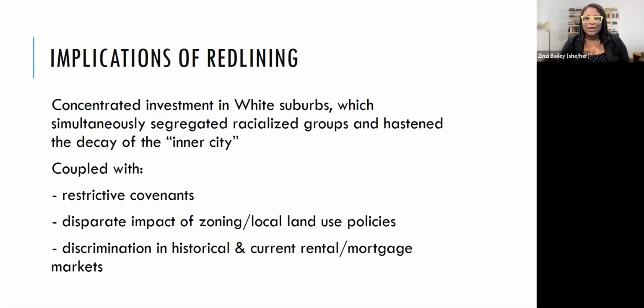Redlining operated alongside and complementary to restrictive covenants, enforceable agreements on how land could be used, for example, restricted to white residents, disparate impacts of zoning, land use policies, and discrimination in historical and current rental and mortgage markets.